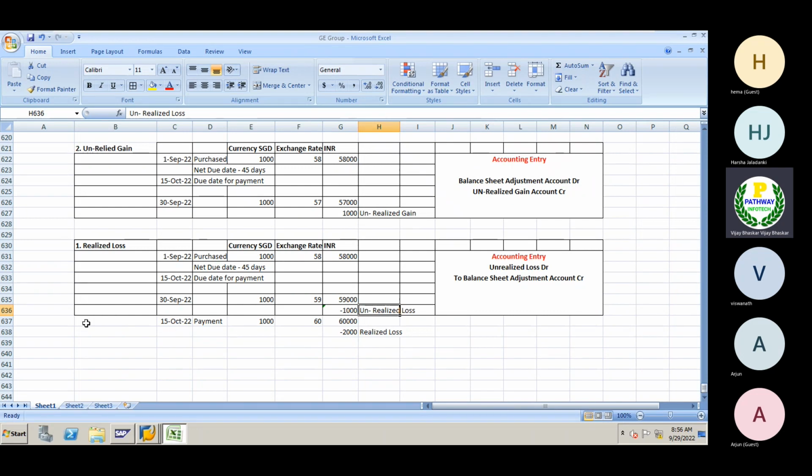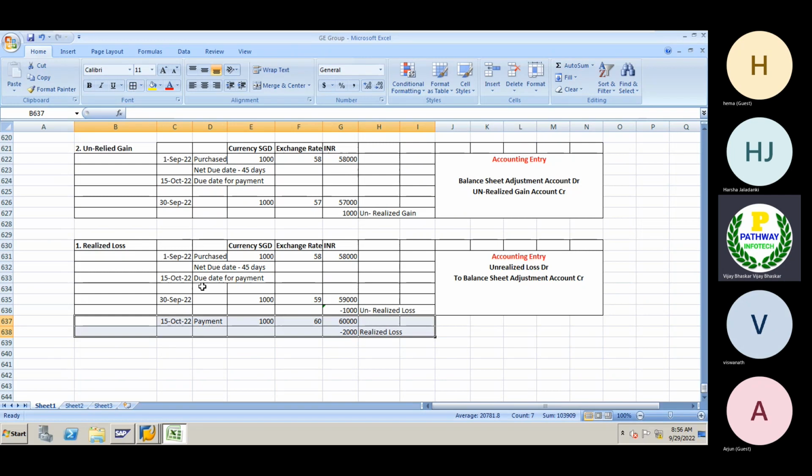But on 15th of October, as soon as I do the payment to the vendor, I will come to know the realized loss. Because when I purchased, I was supposed to make the payment of only 58,000, but now, due to the exchange rate fluctuations, instead of 58,000 rupees I have to make payment of 60,000 rupees.